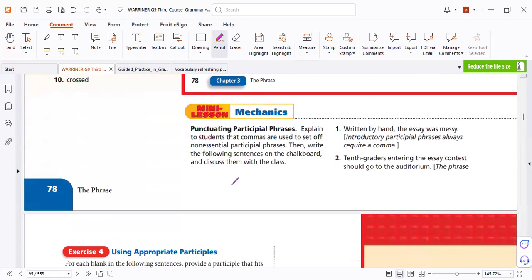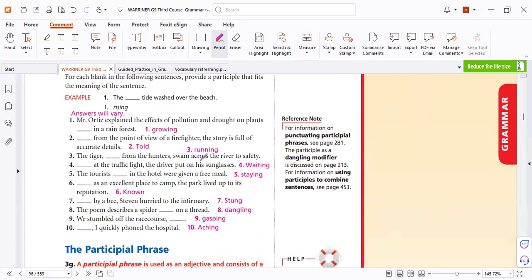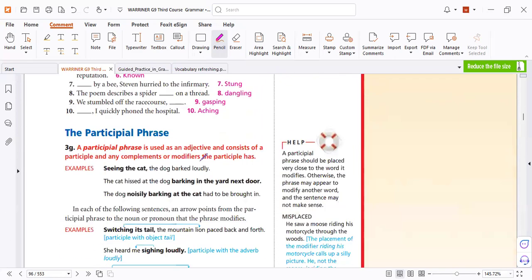Now let's go to the next. There are a lot of examples about the participle. Now, what is a participle phrase? Very easy. A phrase that starts with a participle. Look, saying, present participle, and the cat, both of them, the phrase. So it's a phrase. We have a beginning and an end of a phrase.